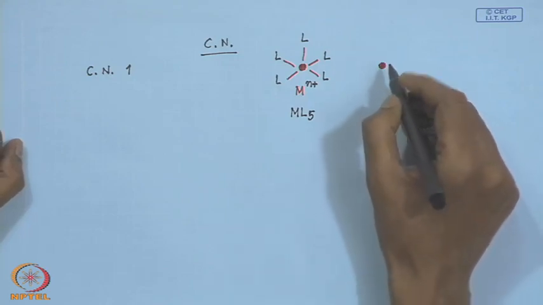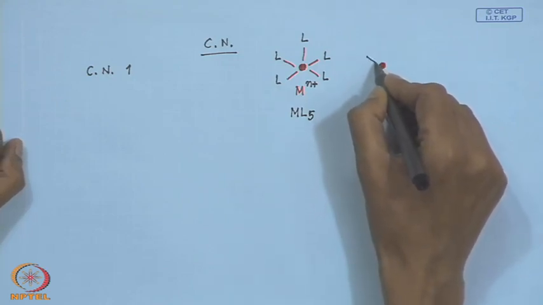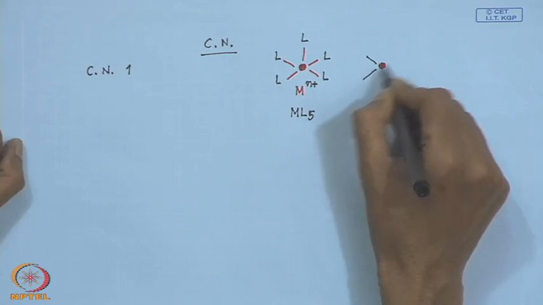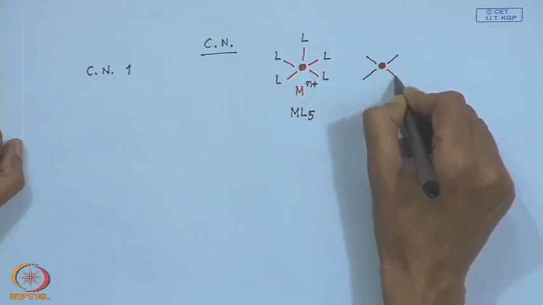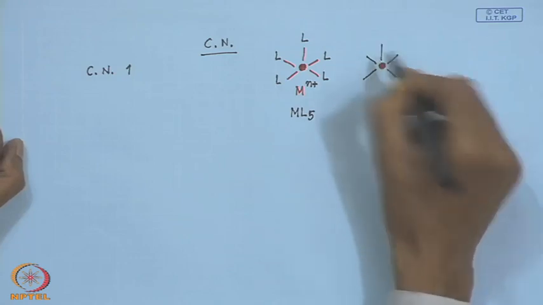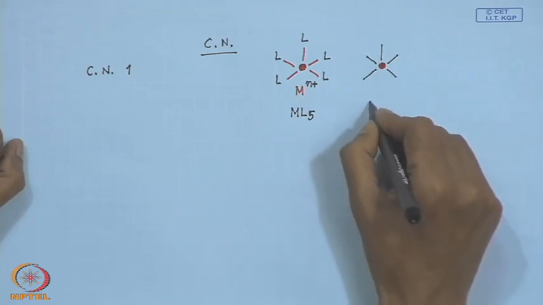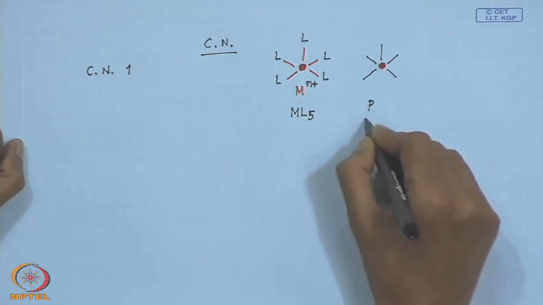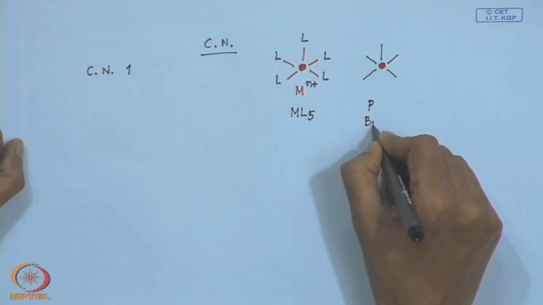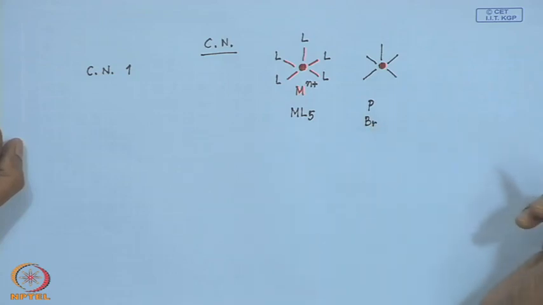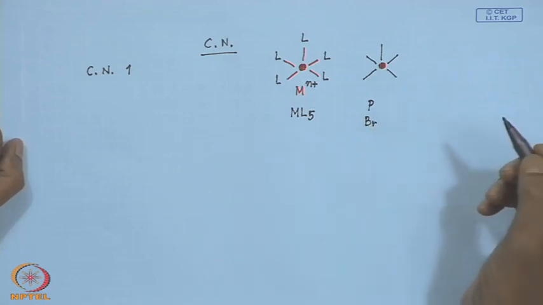In the same way, if we consider a non-metal center, it can be phosphorus, it can be bromine, or some other non-metal center.